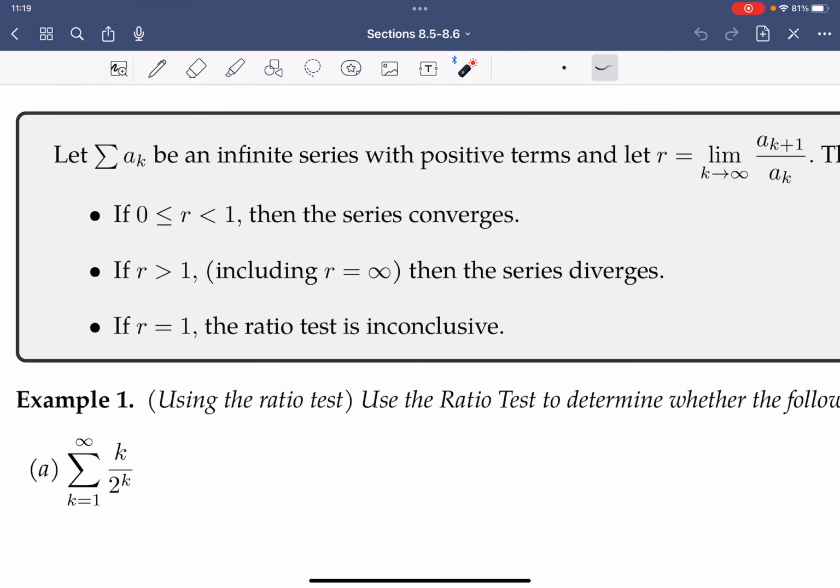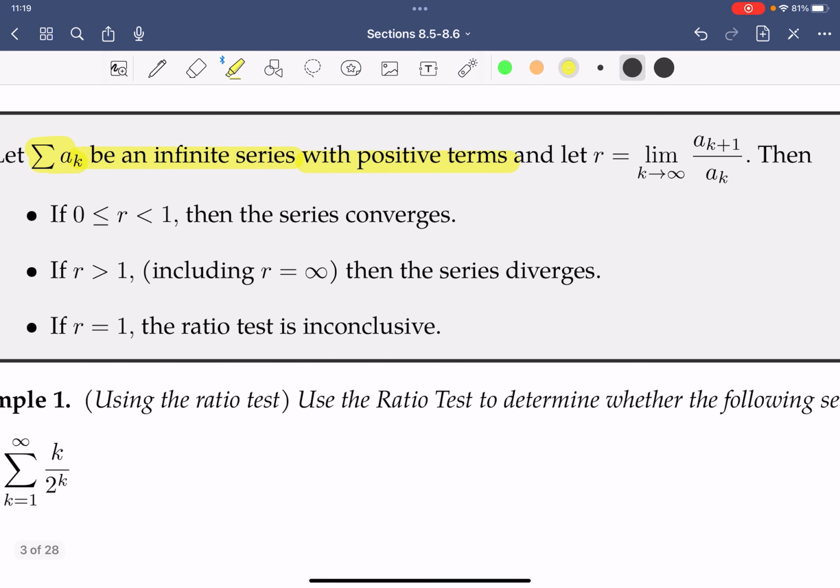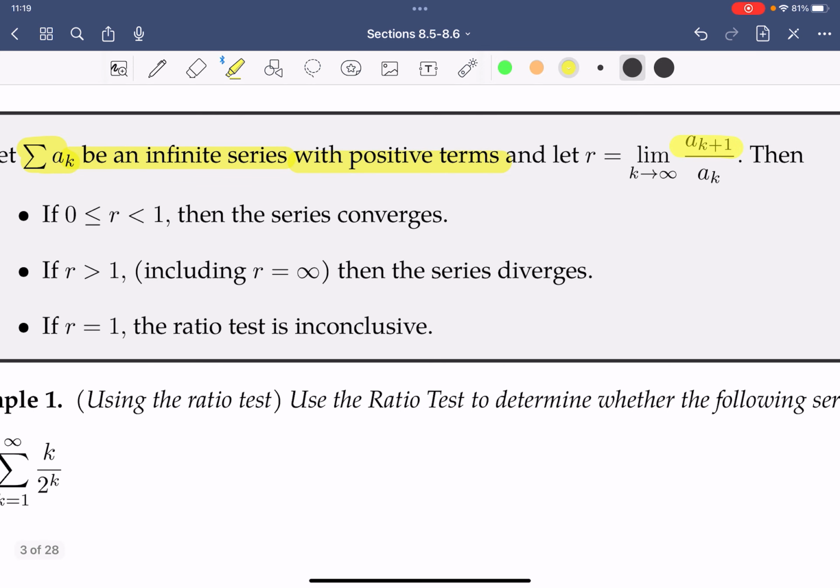If you have a summation over k, an infinite series with all positive terms, and you take the limit of a_{k+1} over a_k, and you get r, you can figure out the convergent and divergent pattern by looking at the r value.